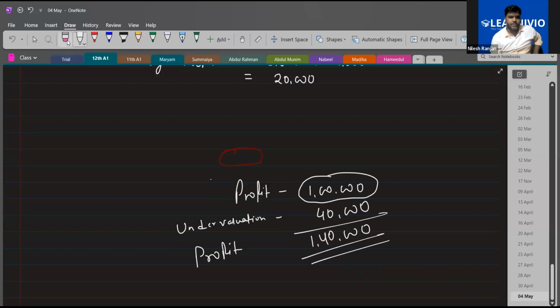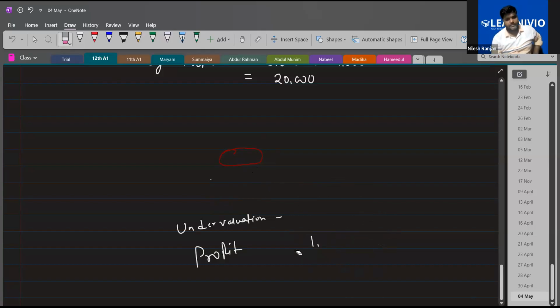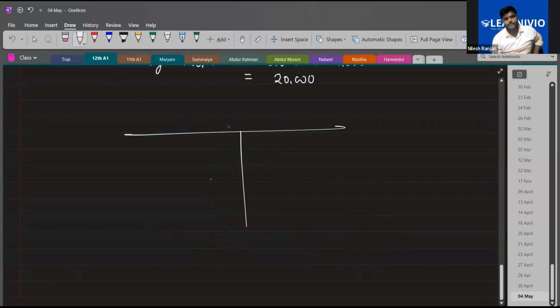Actually, there may be a confusion that why we are adding this, why not deduct it. Let me show you that. Okay, so when we prepare trading account, the stock is 40,000 here on the credit side.